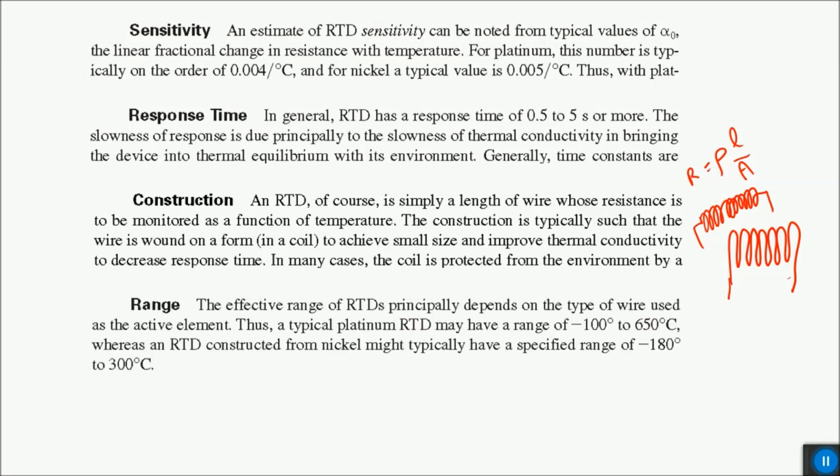And then we have the effective range of RTDs, and that principally depends on the type of wire being used, or the material of wire from which this pattern is made.